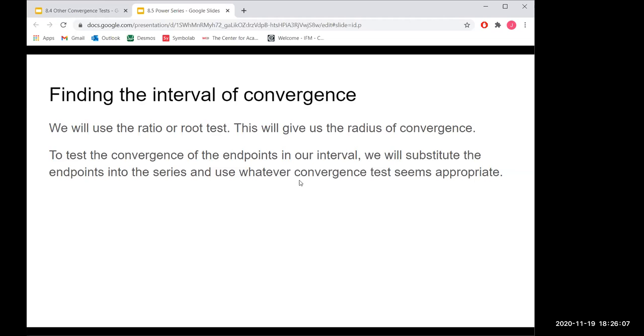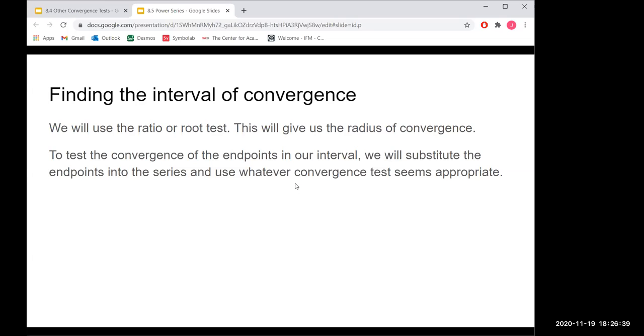When you use the ratio test or the root test, you will get the interval of convergence, but there's one issue with the endpoints of the interval. When you get your interval, say it's -1 to 1 or whatever, you're not going to know whether the endpoints are included in the interval of convergence. So you'll actually have to test those separately. To test those, just use whatever test seems appropriate.